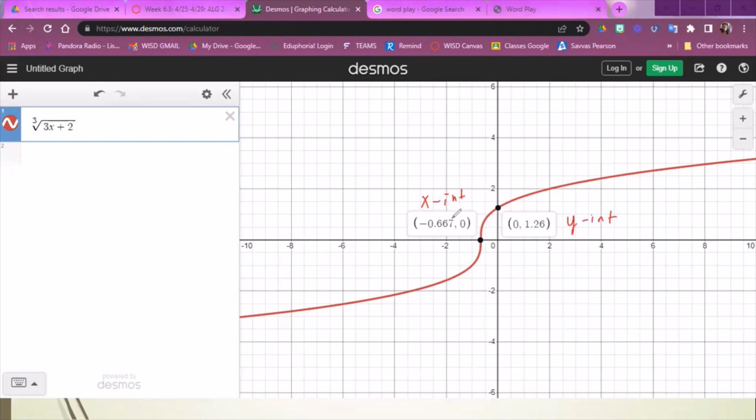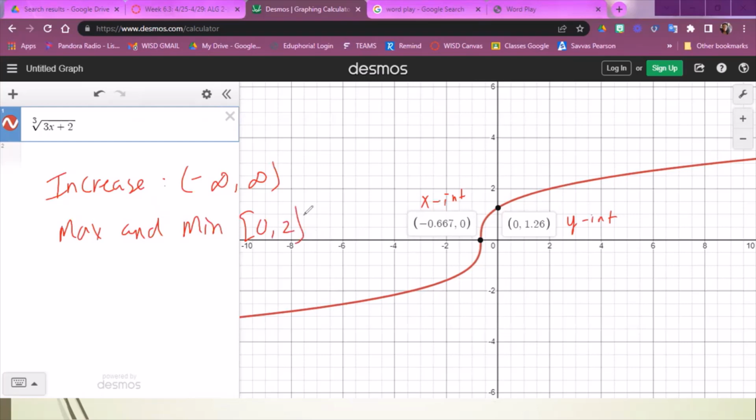Next, we're going to talk about the intervals of increasing or decreasing. Well, what is this graph doing? Is there any point where it decreases? No. So you only had an interval of increase, and that was from negative infinity to positive infinity because it goes forever from left to right. Then it said, where's your max and min from 0 to 2?